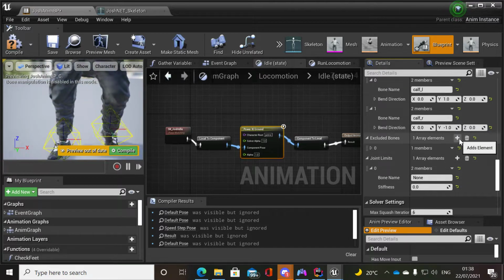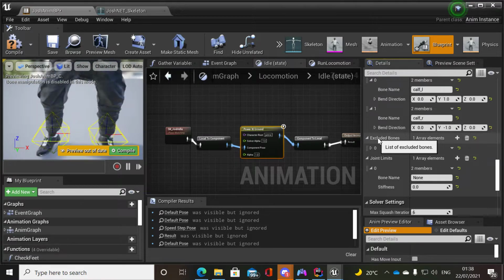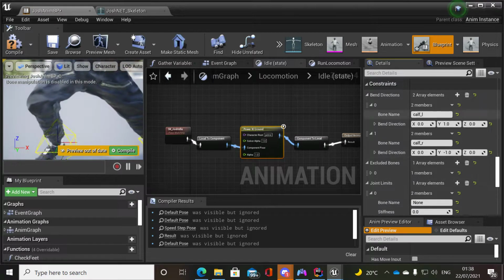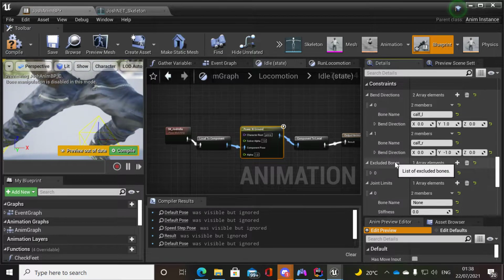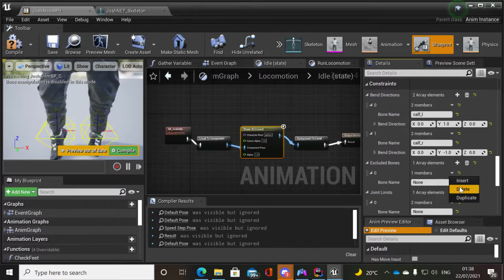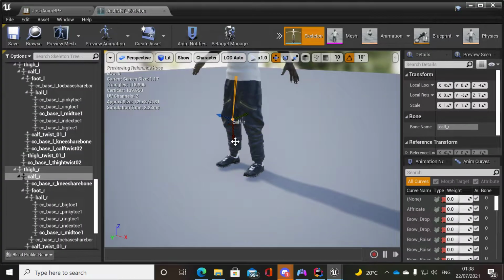Here these are bones we don't want to include in the IK. I feel like we'd have to go through these and set up constraints for different bones, like I need this bone to be this, I need that to be there, I want this bone to be a bit stiffer.